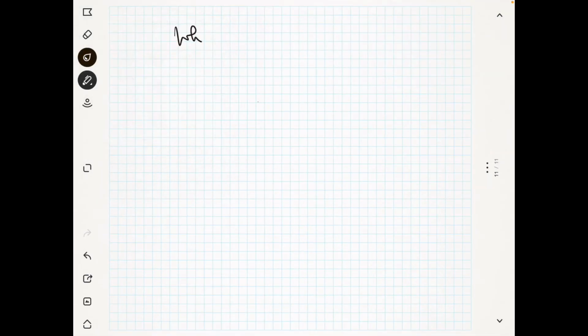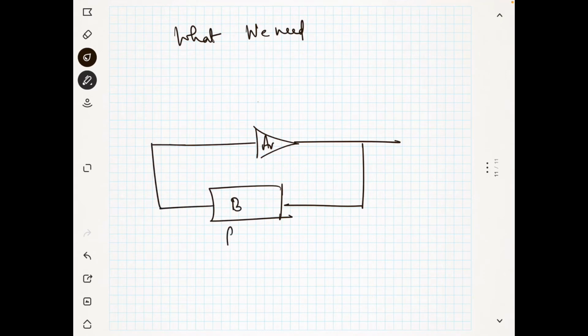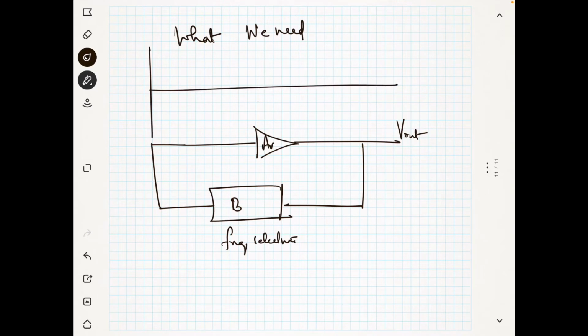We have an amplifier Av and an attenuation, the feedback network B, which is a frequency selective network, and this is your V out. Now our output should be steady oscillations, like this.